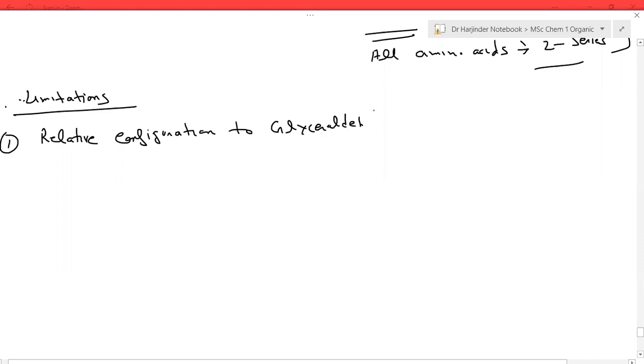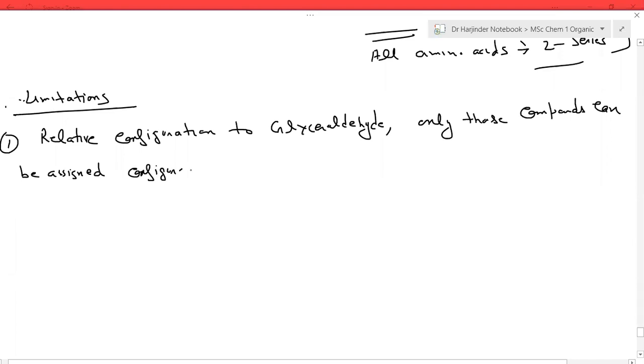That means only those compounds can be assigned configuration which can be prepared from glyceraldehyde or converted to glyceraldehyde, either synthesized or converted.